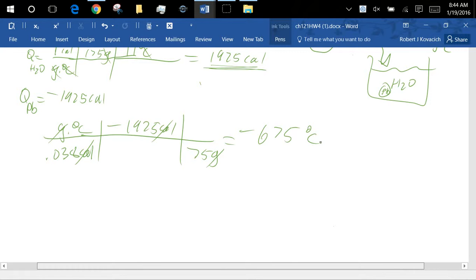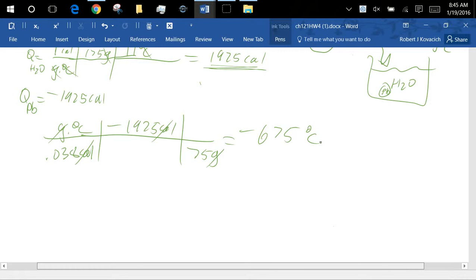What is this? It's a difference. Okay, so tell me what that negative 675 is. The amount that the lead dropped. The temperature drop of the lead. The lead was hot, and it lost 675 degrees.